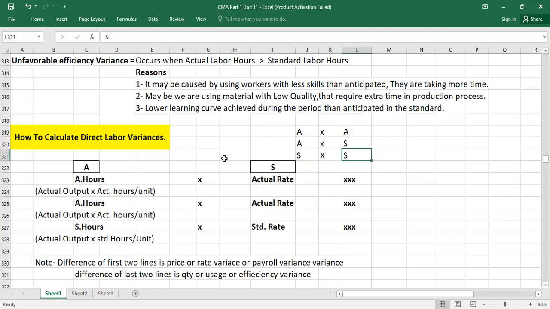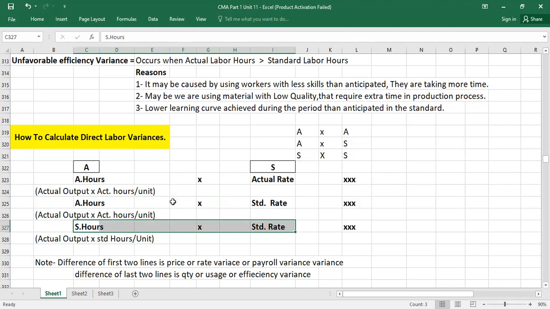So these are the three lines we will derive here. The first line is actual hours times actual rate, and the second line is actual hours times standard rate. The third line is standard hours times standard rate.